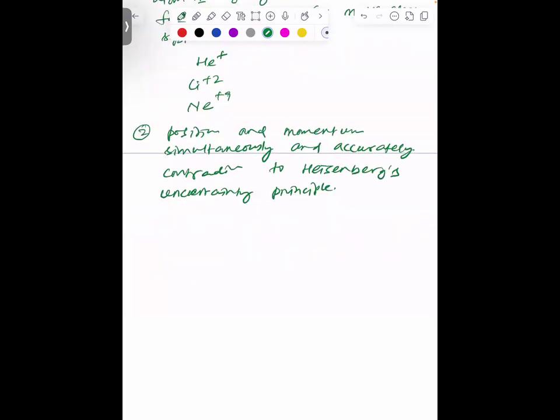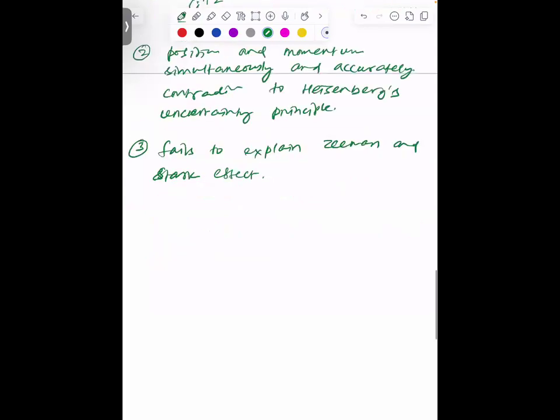Next limitation is that it fails to explain the Zeeman and Stark effect. What is the Zeeman effect?